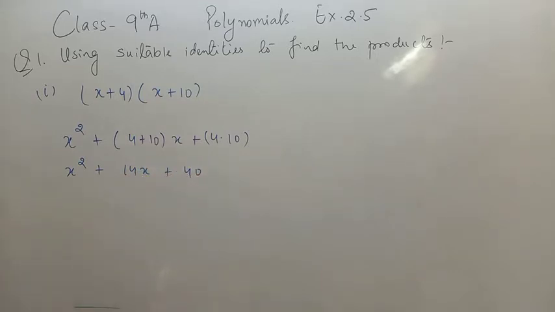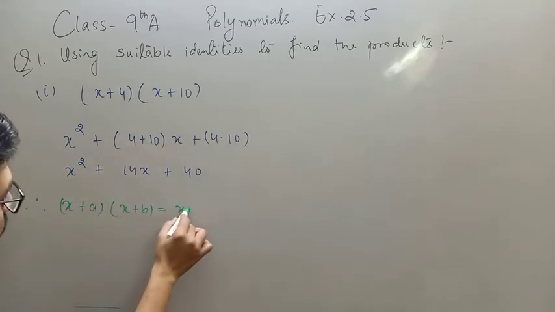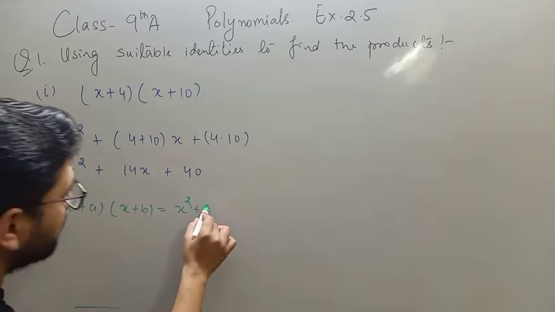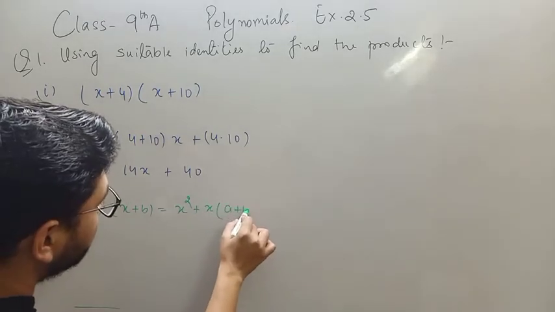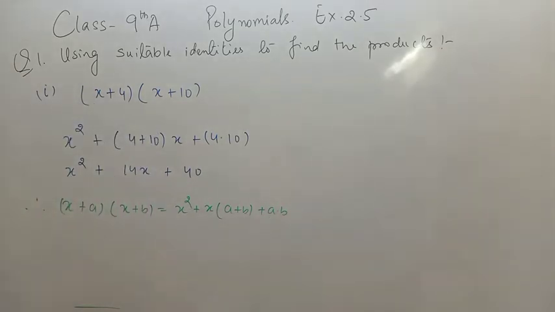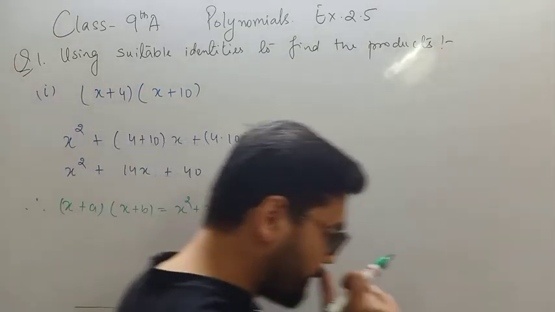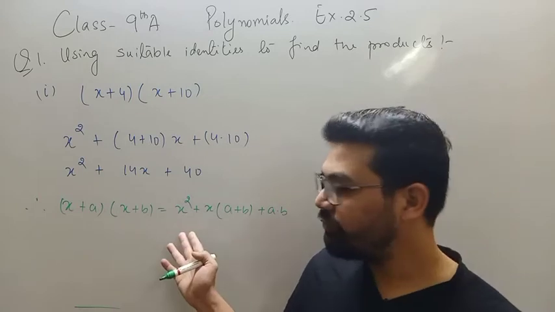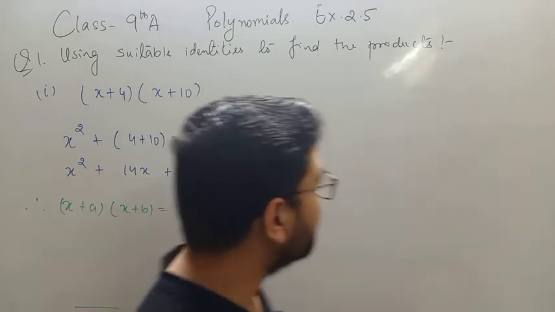This is your answer, and the identity used here is (x plus a)(x plus b) equals x square plus (a plus b)x plus ab. I explained this identity in the last lecture, and this is identity 4. Please note it down fast.